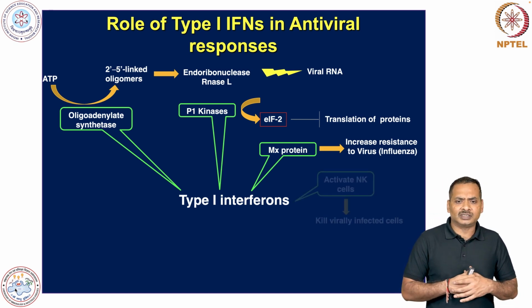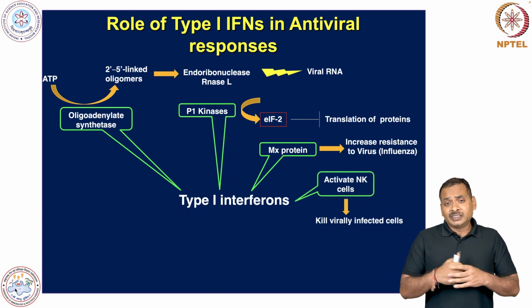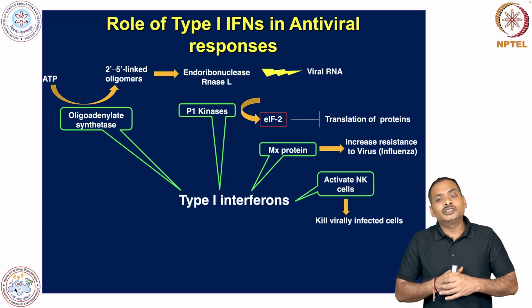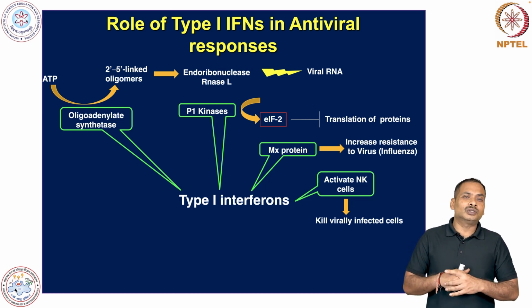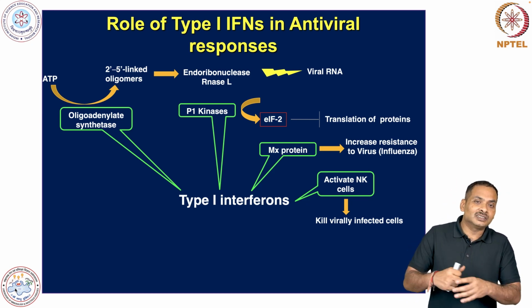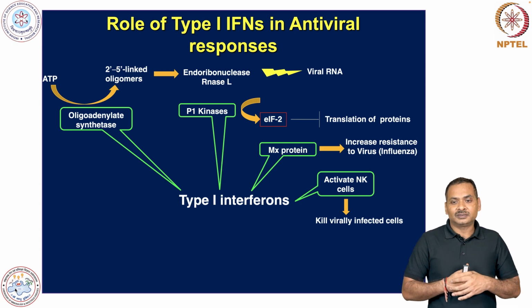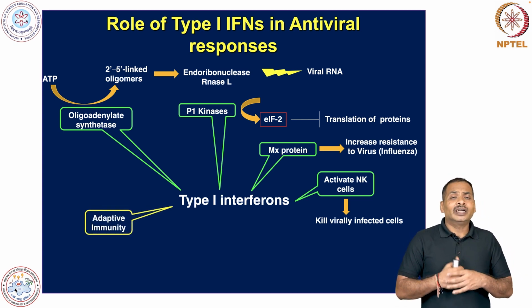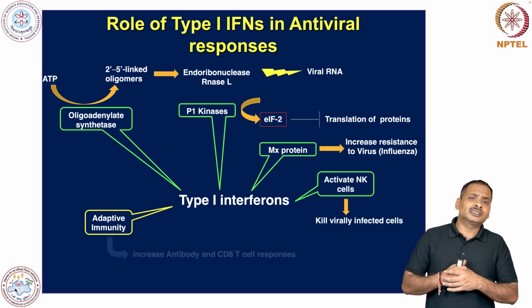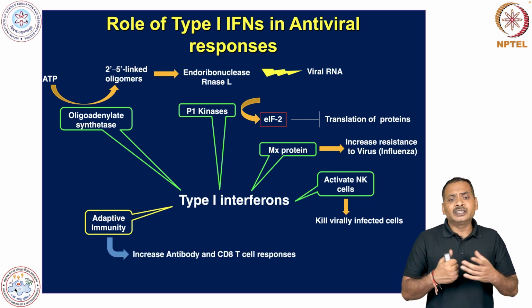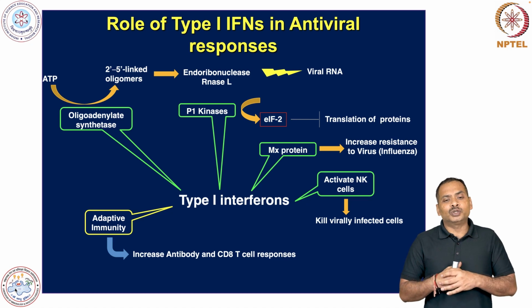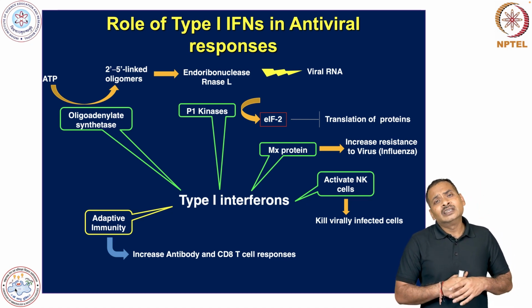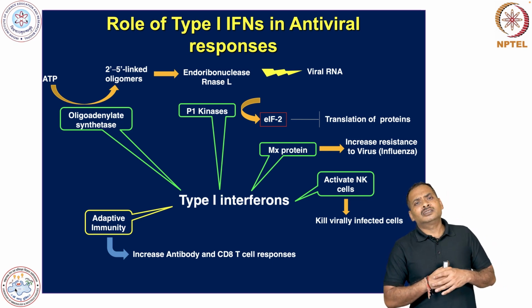In addition, this activates a very important group of cells known as natural killer cells, which play a very important role against viruses as well as against transformed cells. Type 1 interferon activates adaptive immunity, and it can increase antibody production by activating B cells, and it also activates CD8 T cell responses.